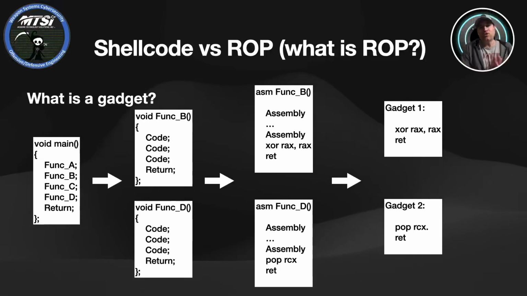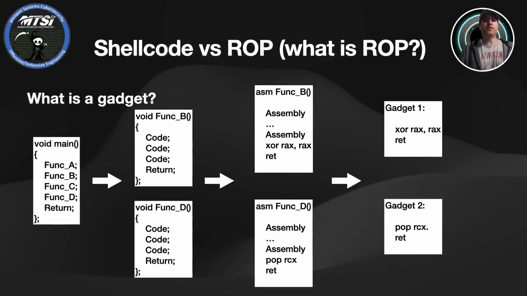But let's make that jump and transition from C code or some other coding language to assembly and look at a lower level. If I look at function B, I'll see that I have lines of assembly that are doing various things, and maybe I've got this line at the end that does an XOR of RAX with RAX.